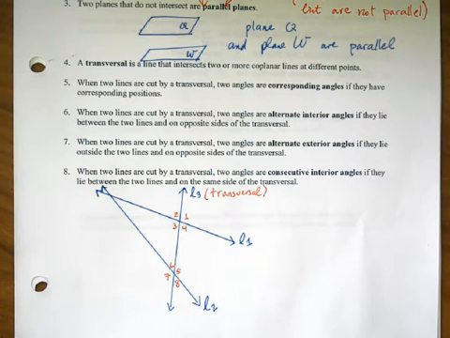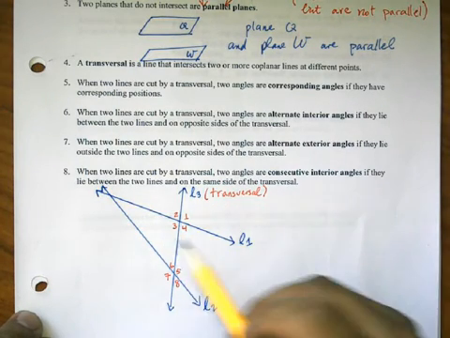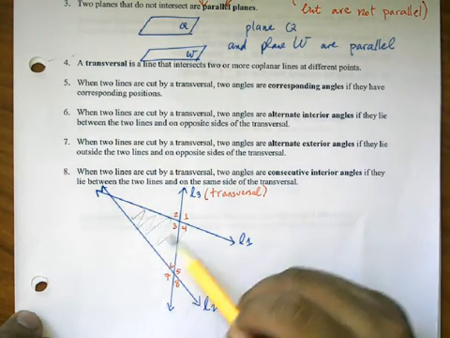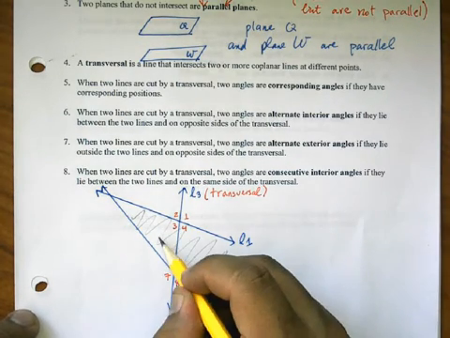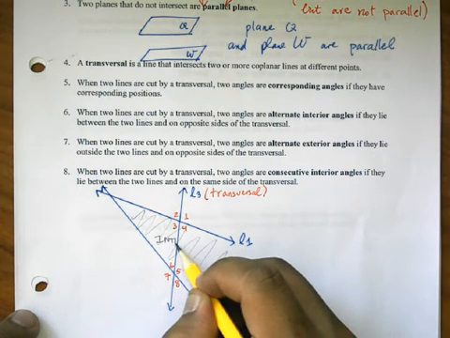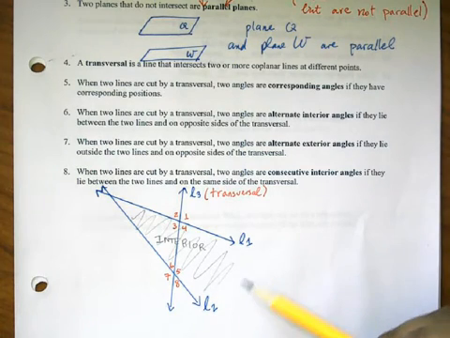Because I've named line 3 the transversal, now we can define what's called the interior and the exterior of this particular situation. So the interior is defined as the area in between the two non-transversals. This shaded region right here is the interior. And then everything outside of this is considered the exterior.